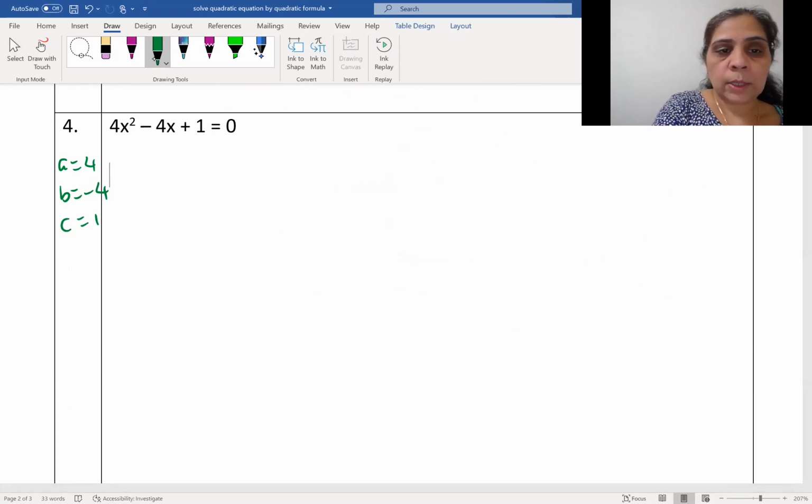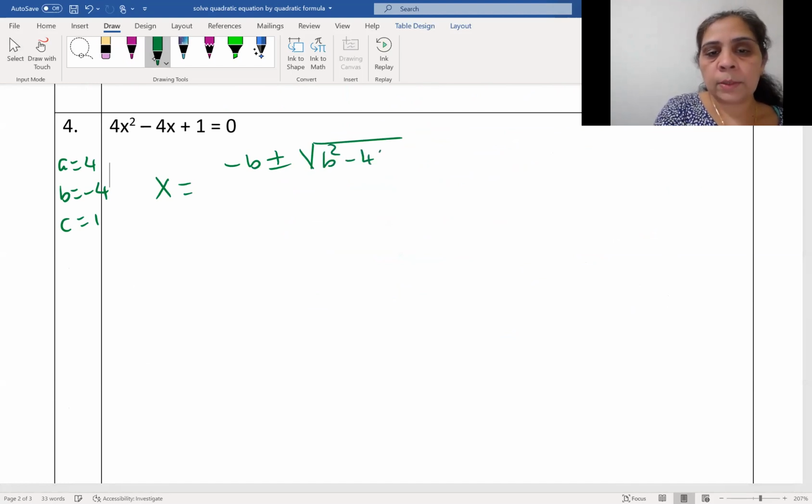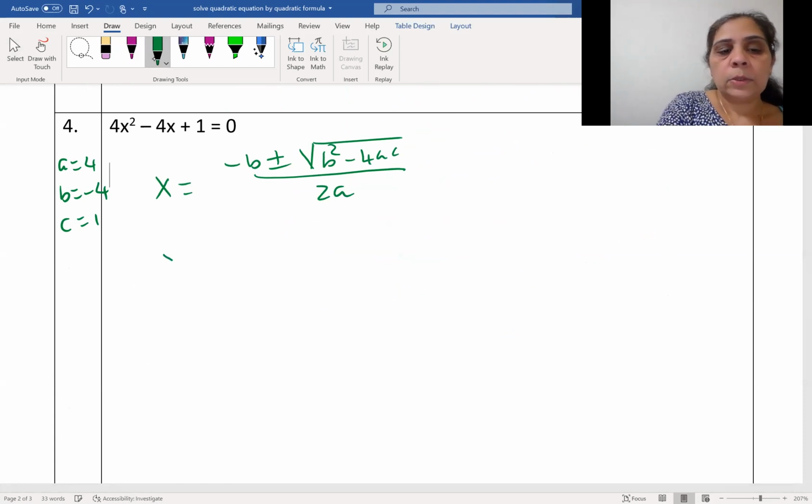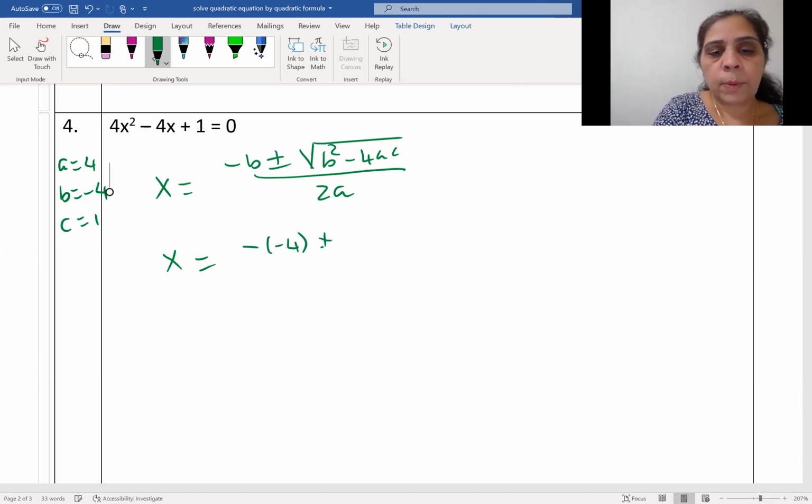So now x equals negative b plus or minus the square root of b squared minus 4ac, over 2a. We can plug in the numbers: negative b is negative 4, plus or minus negative 4 squared, minus 4 times A, which is 4, times C, which is 1.